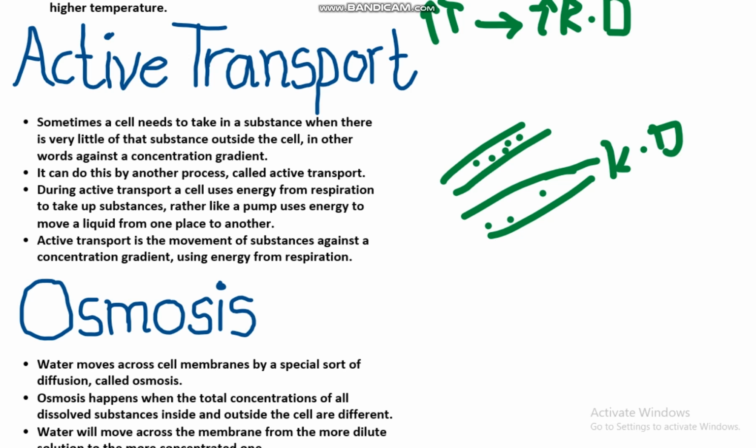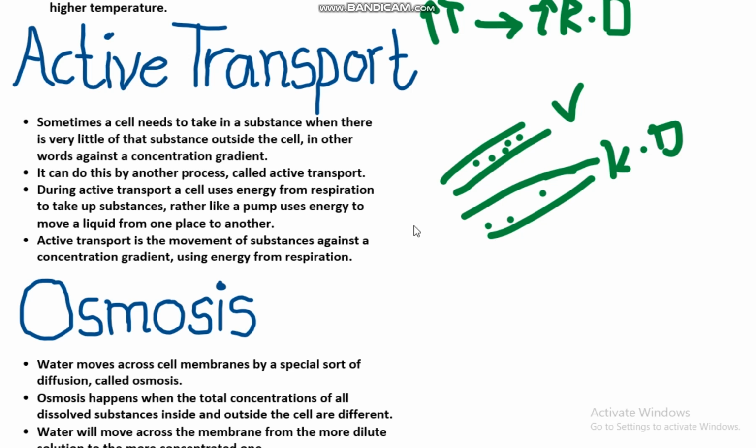So the glucose has to move into the vein, and this glucose is moved by the active transport method. During active transport, a cell uses energy from respiration to take up substances, rather like a pump uses energy to move a liquid from one place to another.